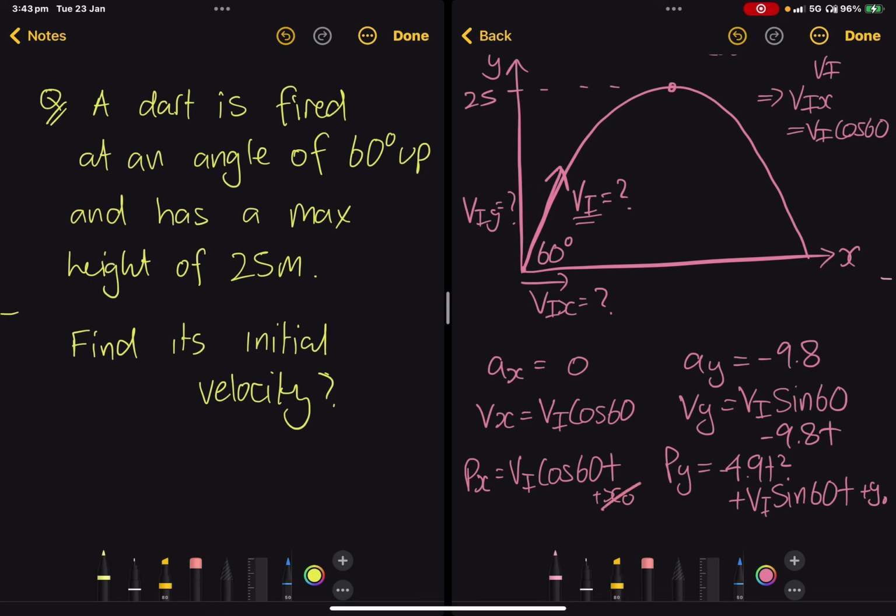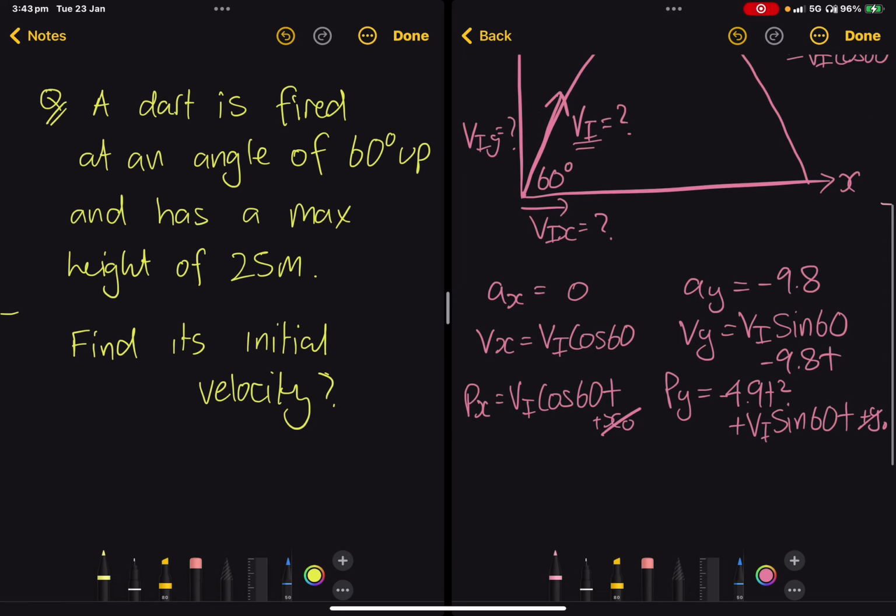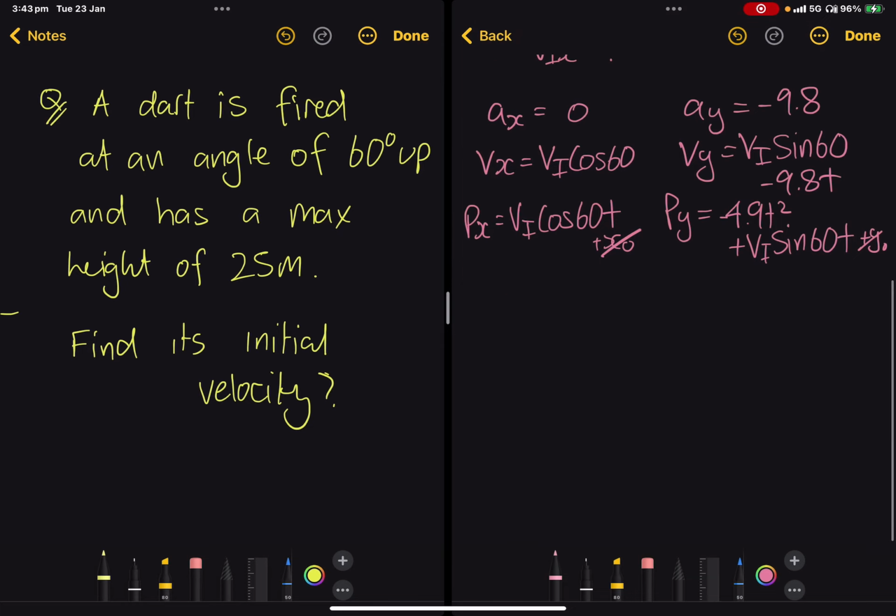So these will just be 0 and they'll go away in these particular cases. So we have a whole bunch of equations here, and we can try and solve these equations in order to get unknown values. We can then use those unknown values in order to find the unknown value we're after, which is the initial velocity. So let's have a look at these.